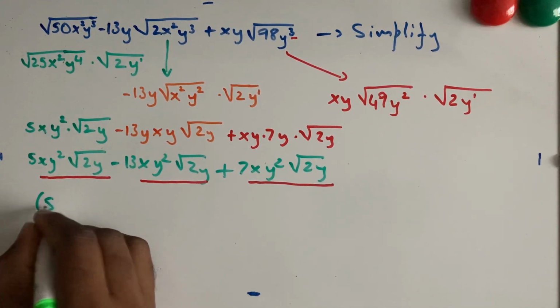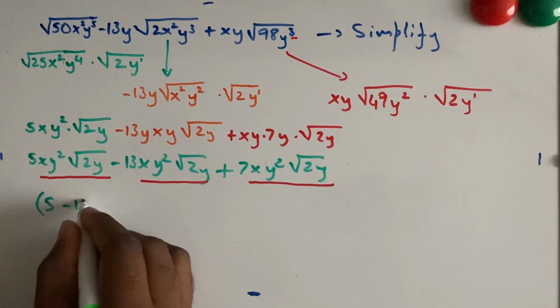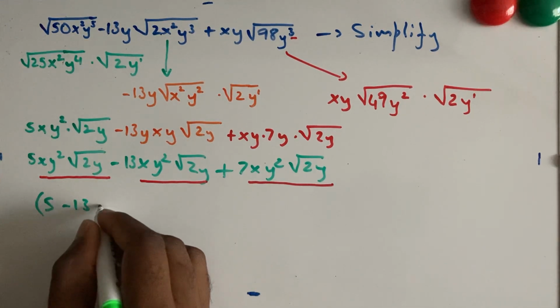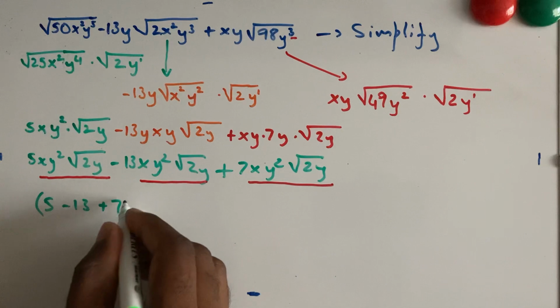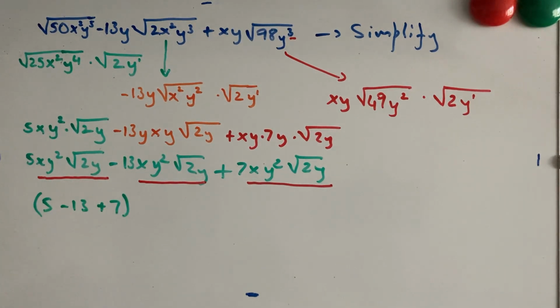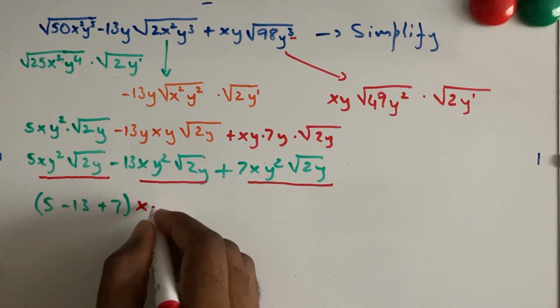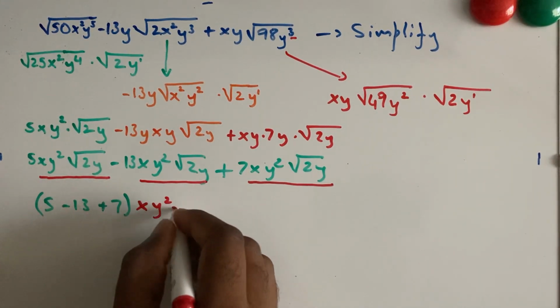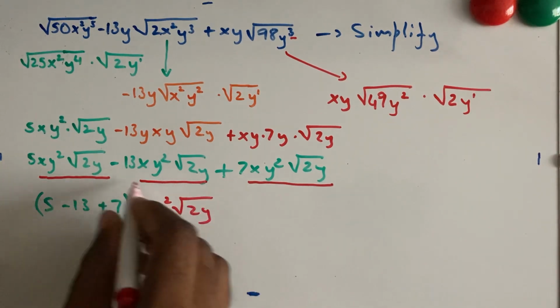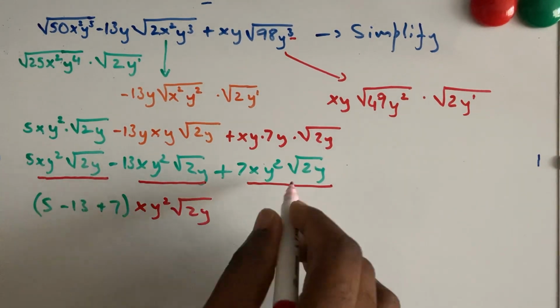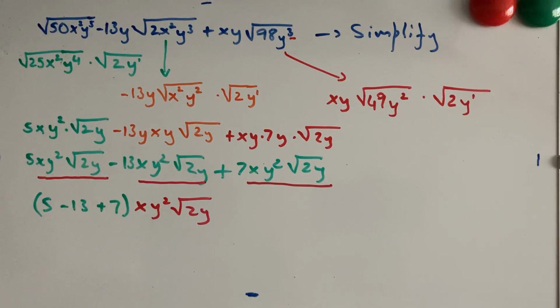So 5 right here, minus 13, okay, plus 7, and what you have here is just xy squared square root of 2y. That's repeated everywhere, right? So you just need to combine the numbers.